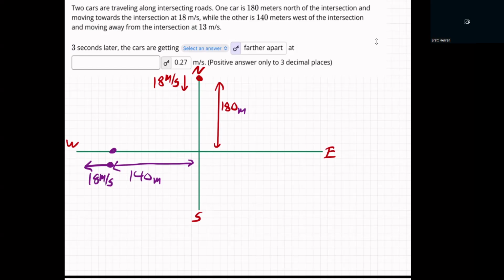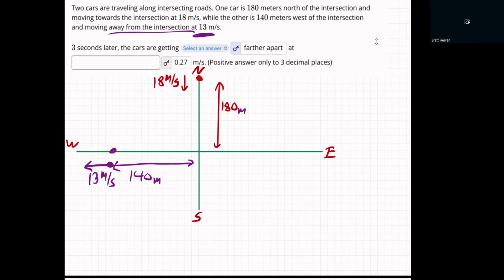I lost myself. The other one's 18, 13. Right here. It's moving away from the intersection, 13 meters per second. So, okay. So one of the cars is here, going down that way. The other car is here, going that way. Okay.